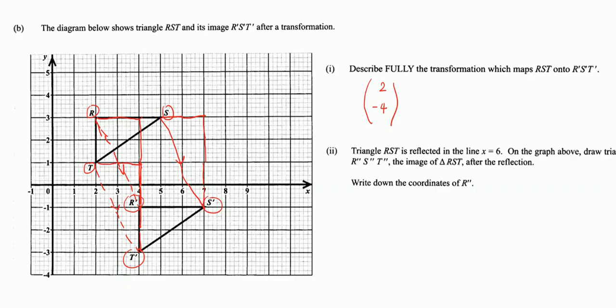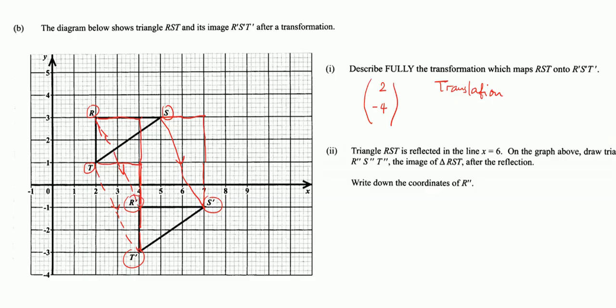So therefore, when we have to describe the transformation, we have to say it's a translation. And the translation vector is 2 minus 4. So it's a translation, and the vector is 2 minus 4.